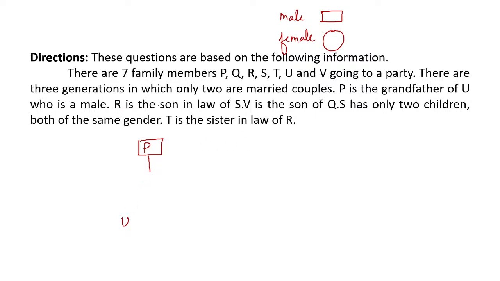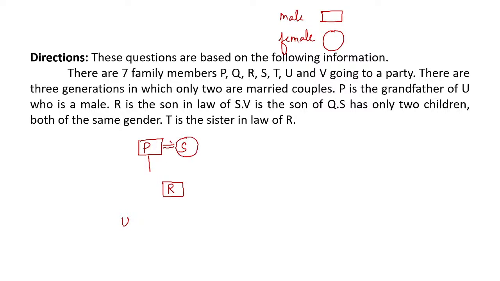Now R is the son-in-law of S. Okay, R is the son-in-law, which means R is a male gender, and we are going to put S in the first generation because it's clearly said that only 2 married couples are there, correct? So only there is a married couple here and the other married couple comes here, we'll get the third generation. So I'm going to make S as the grandmother.